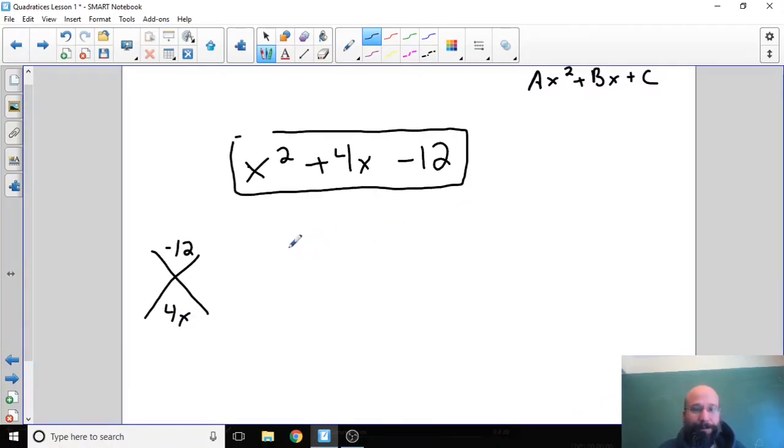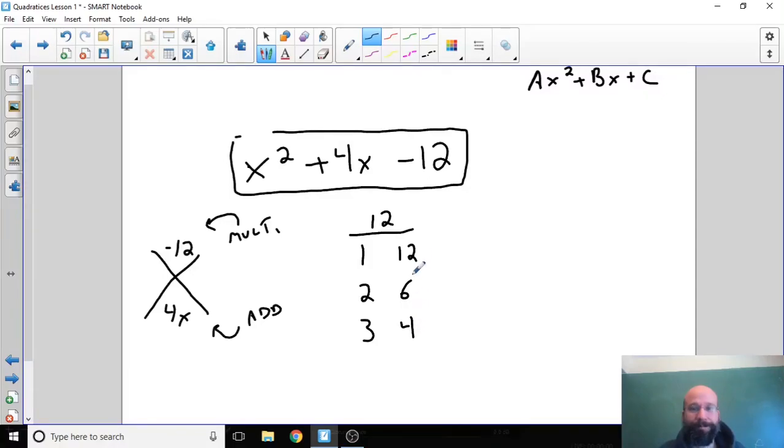We need to find numbers that will multiply to this negative 12 and that also add to this 4. So we're going to write all the factors of 12. We have 1 times 12, 2 times 6, 3 times 4.